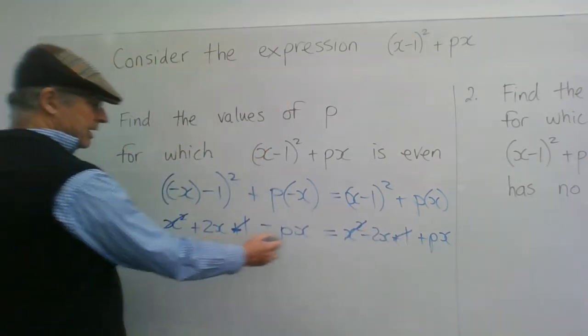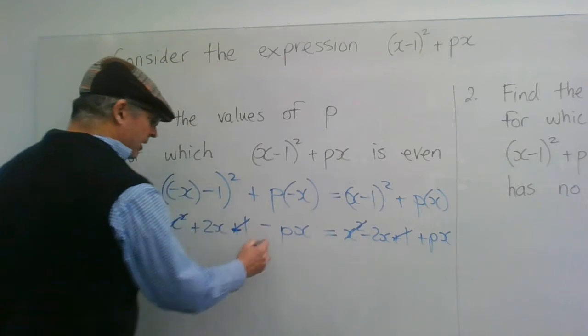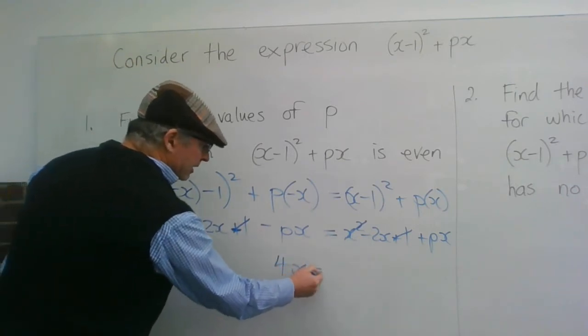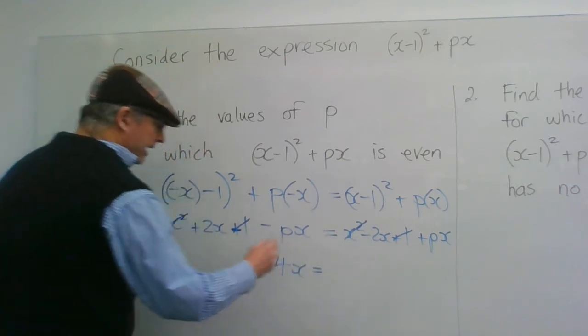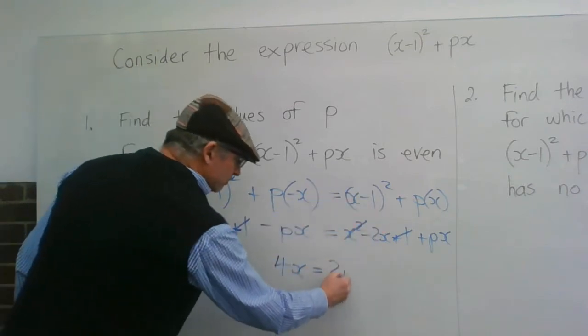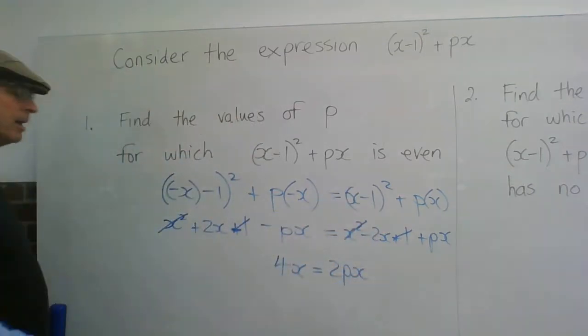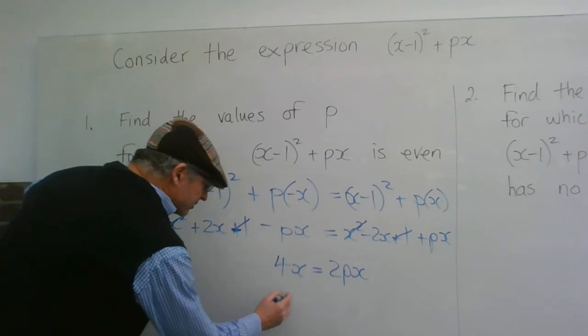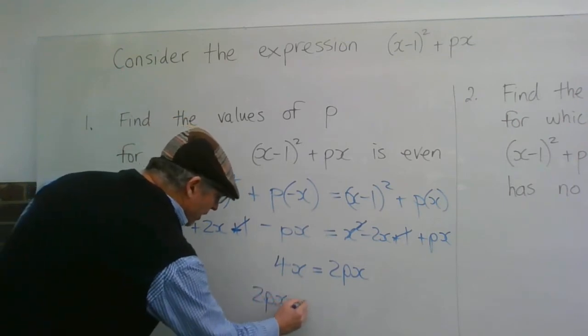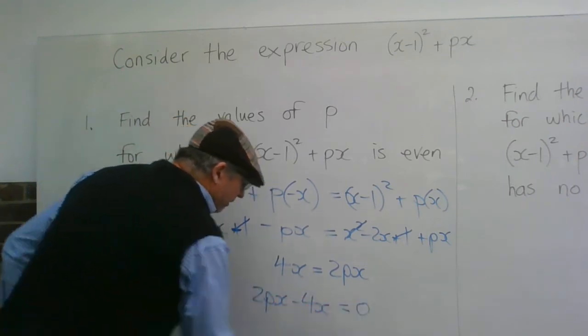We've got 2x here and a minus 2x there, so that's 4x on this side, and px plus px, that's 2 px's. Now I'll factorise that, so I get 2px minus 4x equals 0.